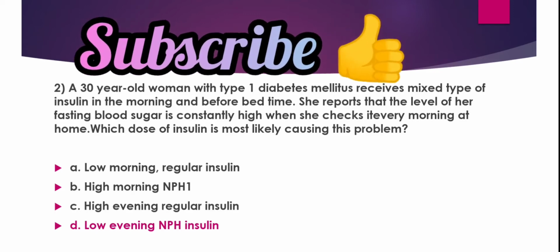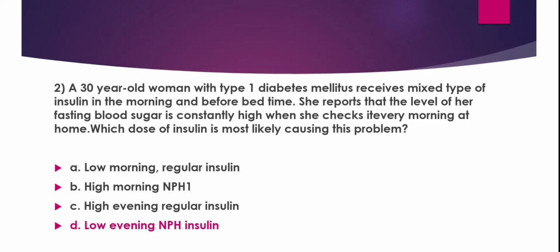Which dose of insulin is mostly causing the problem? Option A, low morning regular insulin. Option B, high morning NPH insulin. Option C, high evening regular insulin. Option D, low evening NPH insulin. The answer is option D.